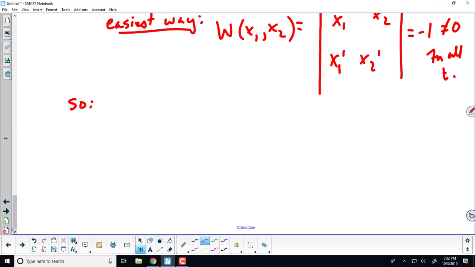So this set right here, x1, x2, is a basis for the solution space.